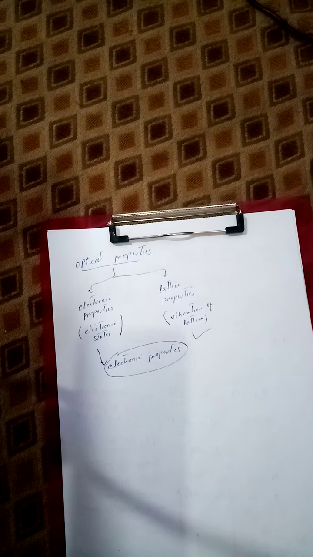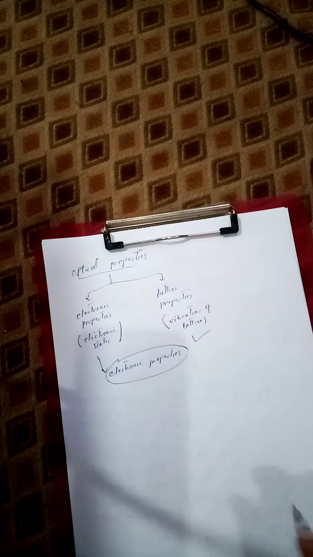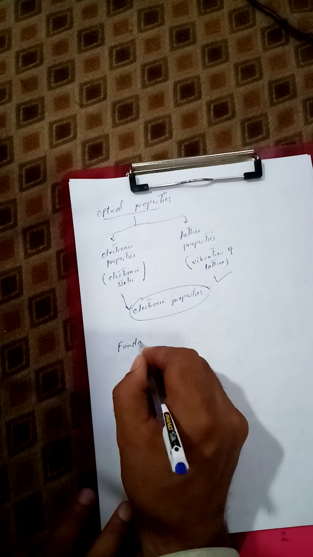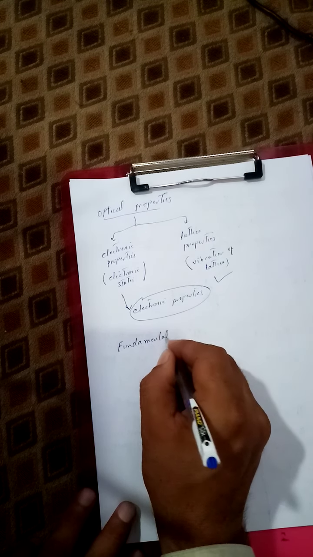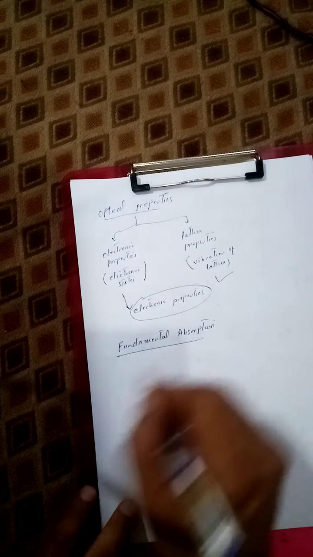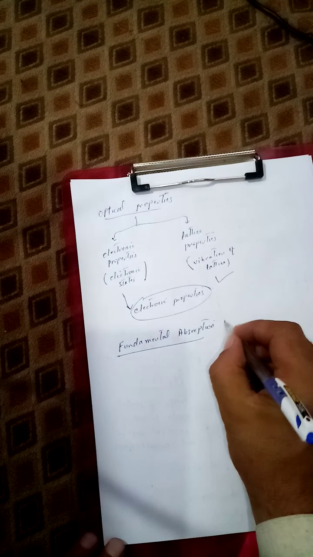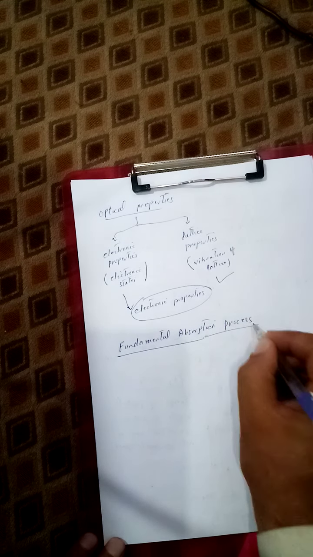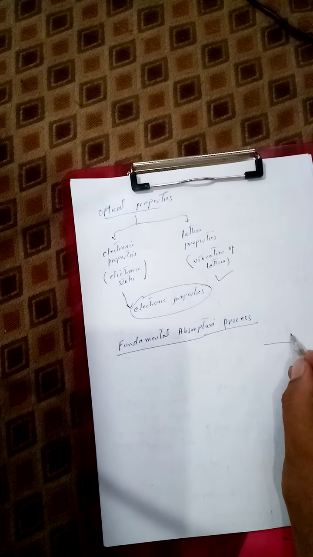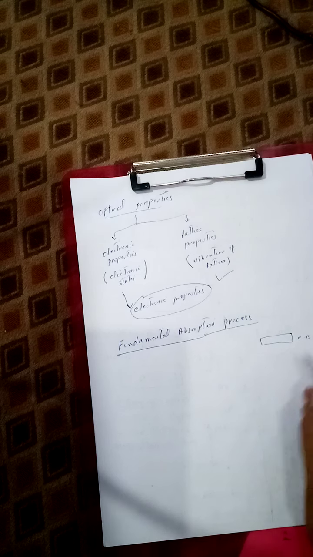So the first optical property is the fundamental absorption process. Now, we know that in a semiconductor we have a conduction band and we have a valence band.